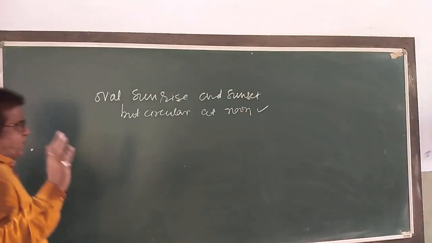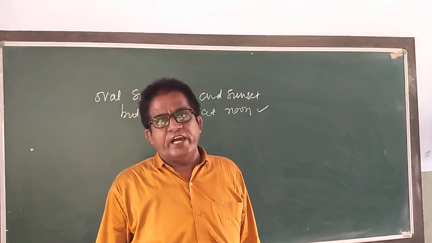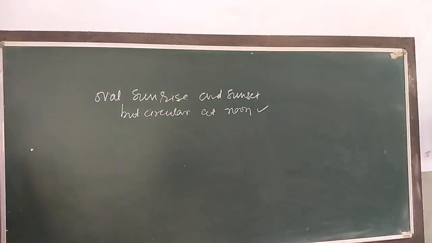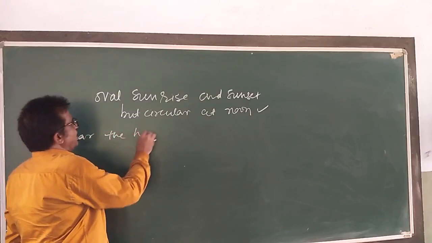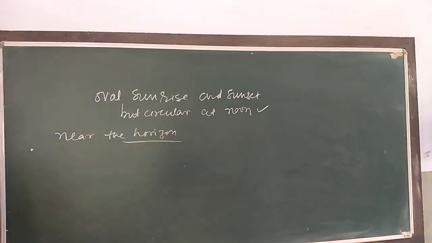This can be explained on the basis of our physical phenomenon, that is atmospheric refraction. At sunrise and sunset, the sun is near the origin, or we can say below the origin.